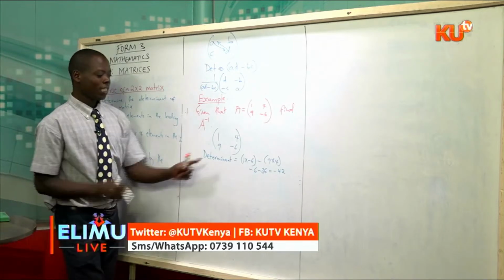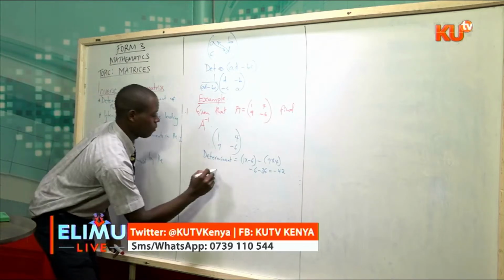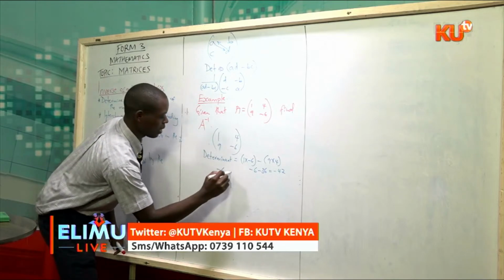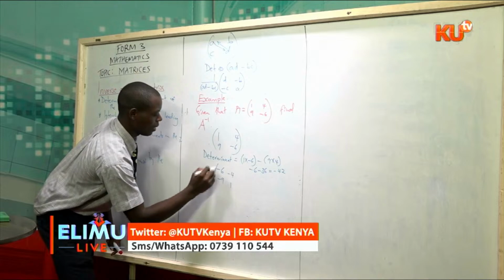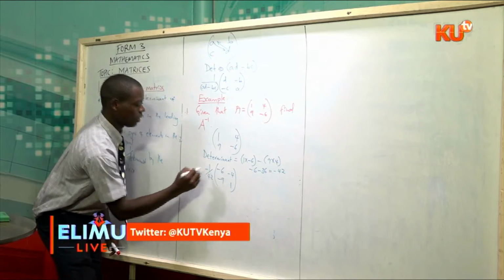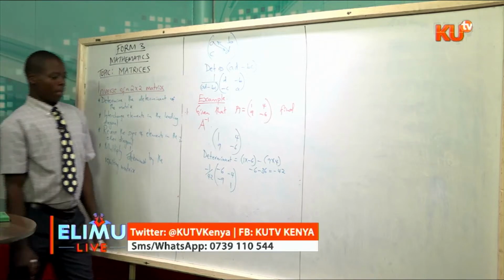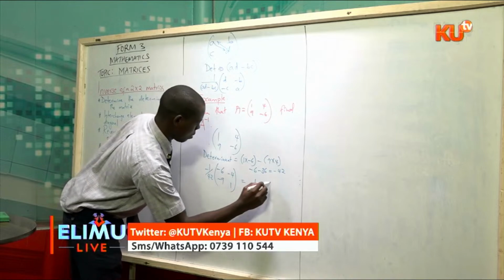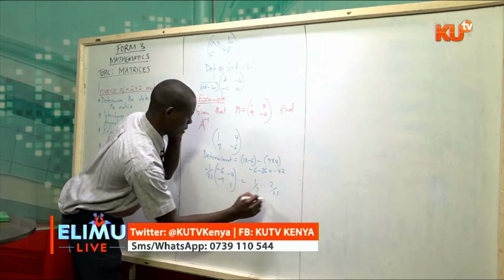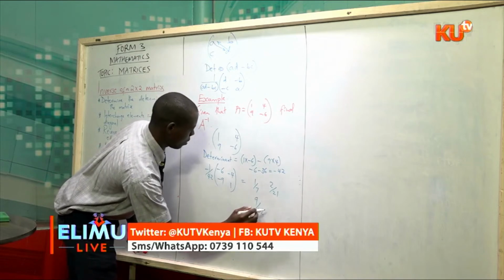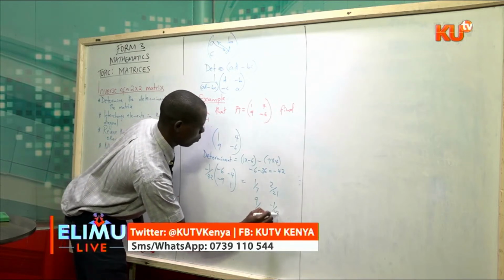Then number 2, let's interchange these elements. So we have negative 6, 1, and then change the signs, negative 4, negative 9, and multiply by 1 over negative 42. So this will give us 1 over 7, 2 over 21, we have 9 over 42, then negative 1 over 42.